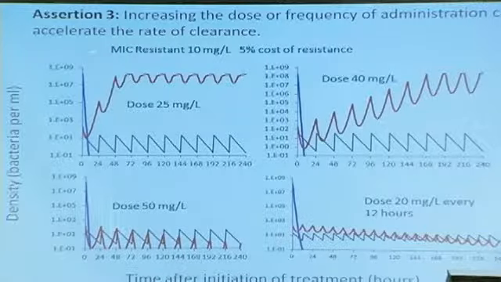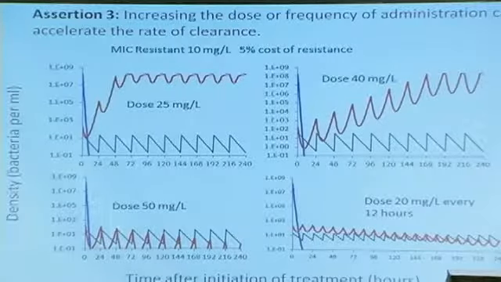Under some conditions, increasing the dose can increase the rate of clearance. So in this particular case, if we have a dose of 25 milligrams per mil, and resistance has an MIC of 10 micrograms per mil, then if we increase the dose to 40, resistance is going to increase at a lower rate, and in this case a higher dose is even better.